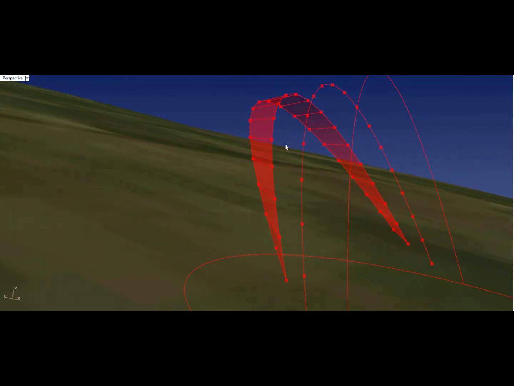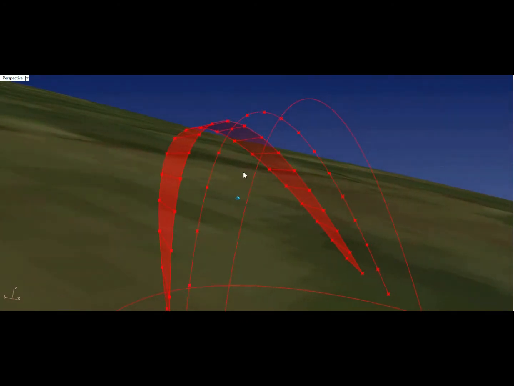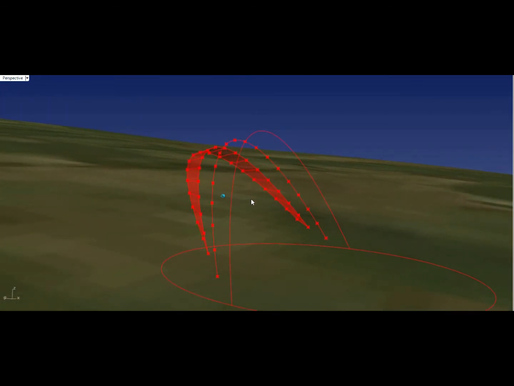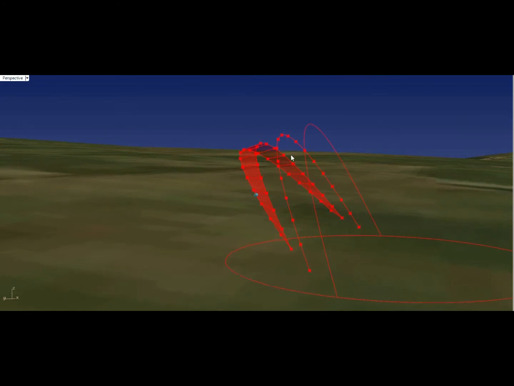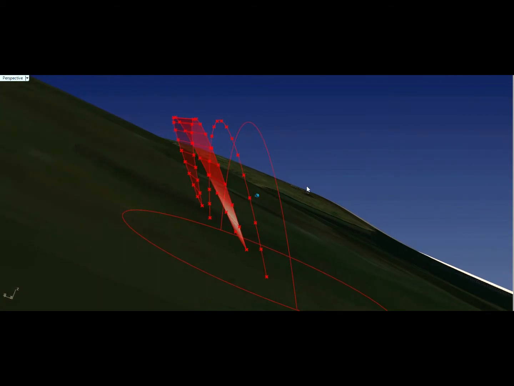I'm using the mathematics in Grasshopper at the moment to create the sets of points across here and set the meshes across here from the corresponding points in the next. So I'll get pairs of points linking up to the next pair of points, next pair of points, next pair of points.